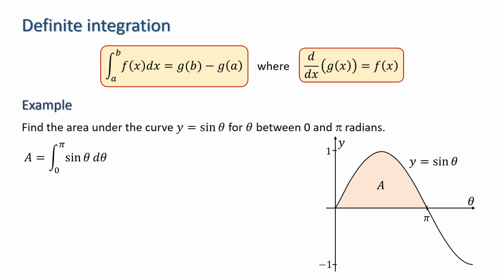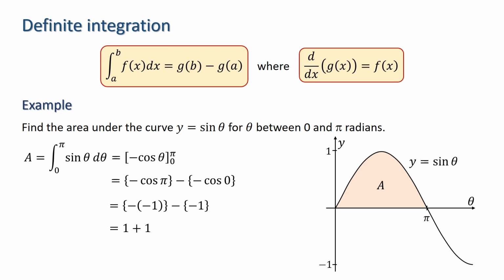First we integrate. The integral of sine theta is minus cos theta. Then we put in the limits, giving minus cos pi minus minus cos 0, which is 1 plus 1, and the area in question is 2.